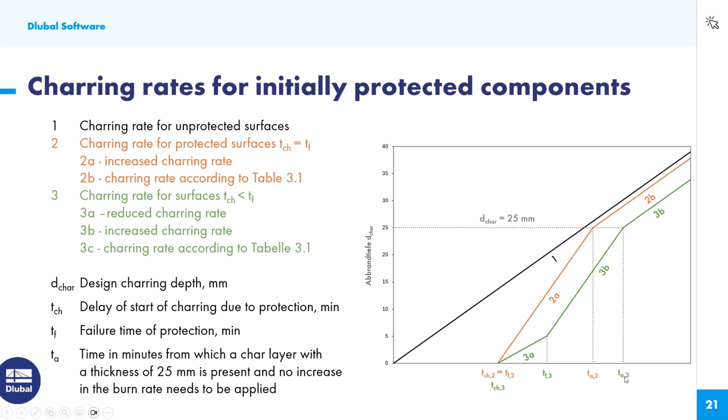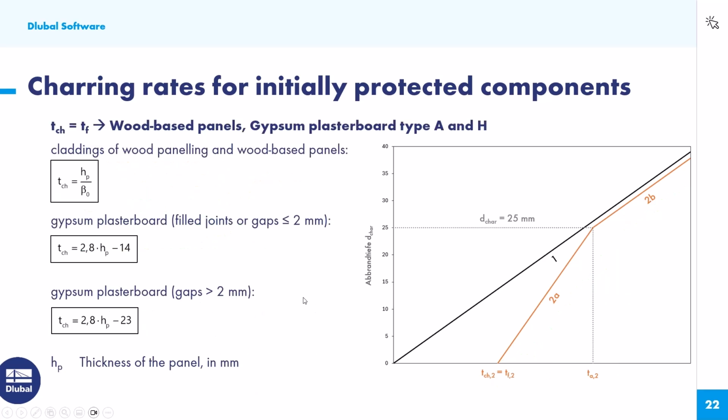Yeah, and that's the time TA, and this T is actually the time in minutes from which a char layer with a thickness of 25 millimeter is present, and no increase in the burn rate needs to be applied anymore. Okay, let's have a look at it in detail.